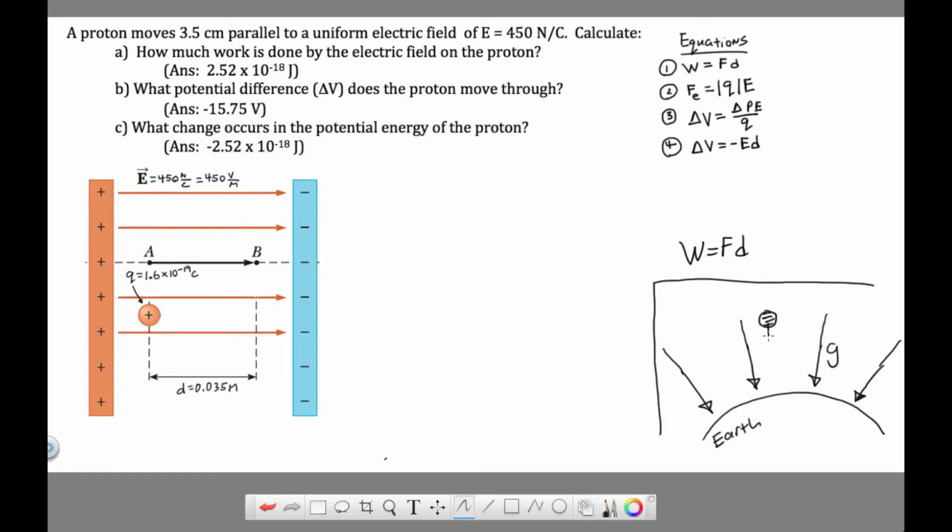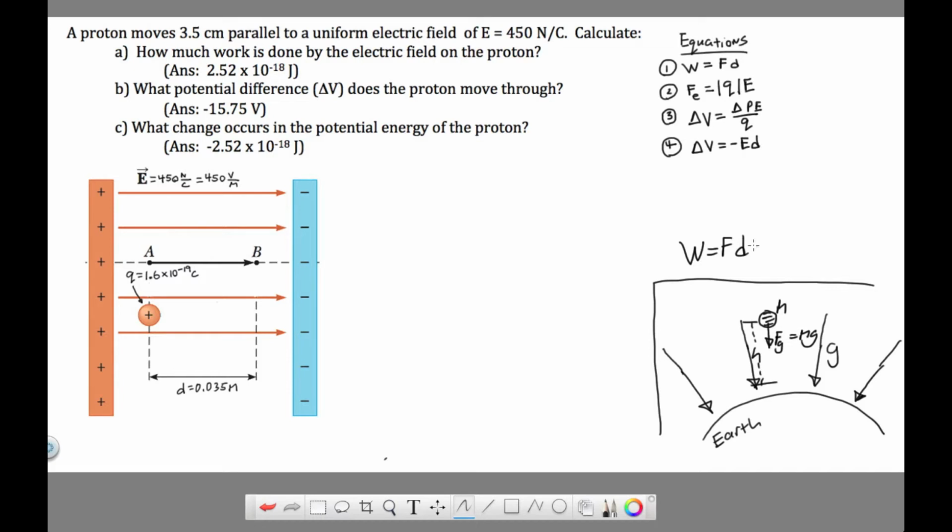So the force of a gravitational field is mg, where m is the mass of that mass in the field, and then d is the height that the mass falls through, how far the mass goes. And remember, whenever you use the work equation, force and distance must be parallel.